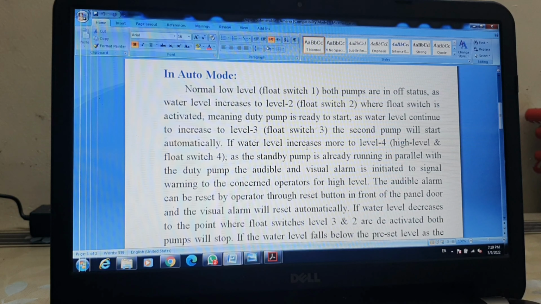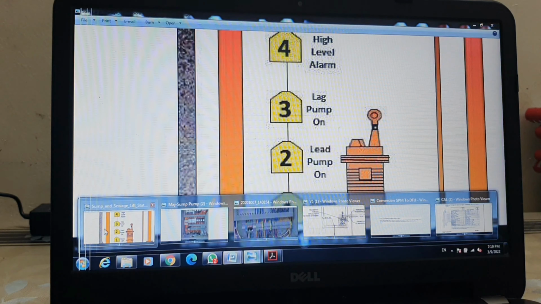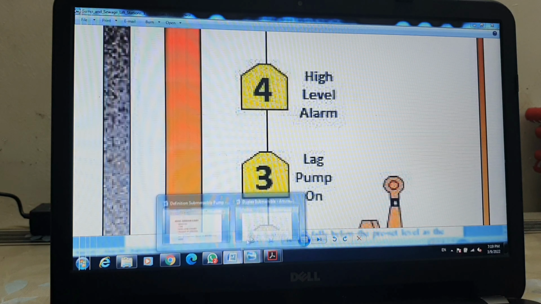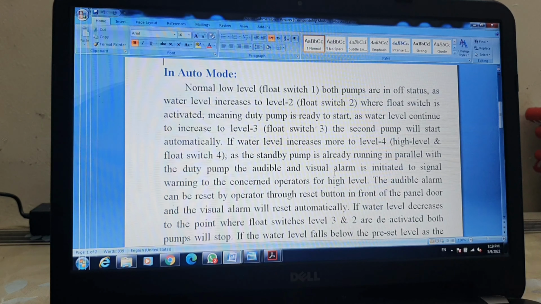If water level increases more to level 4, you can see we have level 4 as well: level 4, high level alarm. So what is written here? If water level increases more to level 4, high level float switch, the standby is already running in parallel with the duty pump, and a visual alarm is initiated to signal warning to the concerned operator.